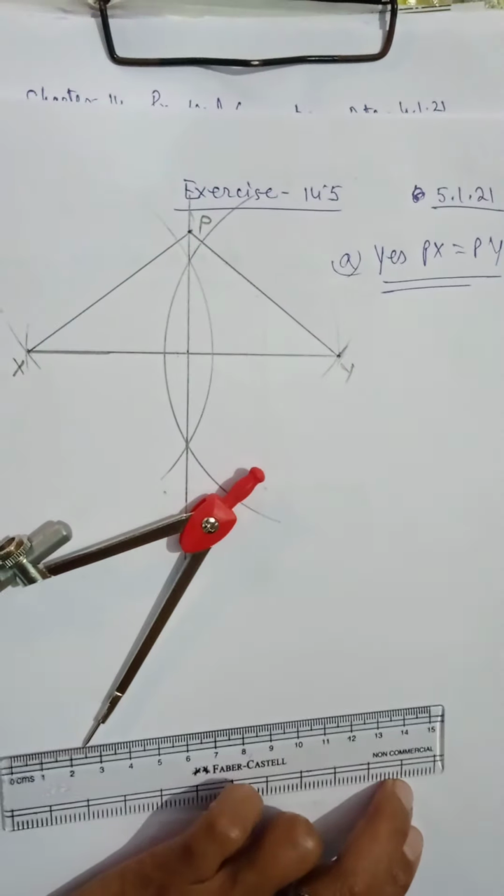Yes, let's verify. MX, whatever we are getting, is half of XY. Yes or no? So in bit b, we can say that MX is half of XY. Yes, we have verified this one. Okay, so let's come to the next question.